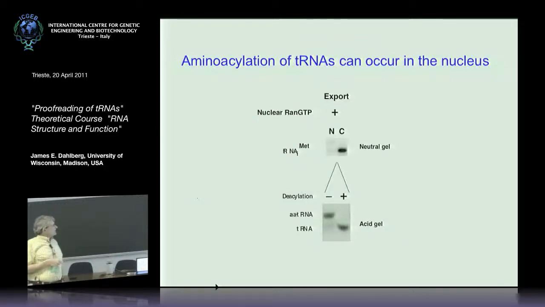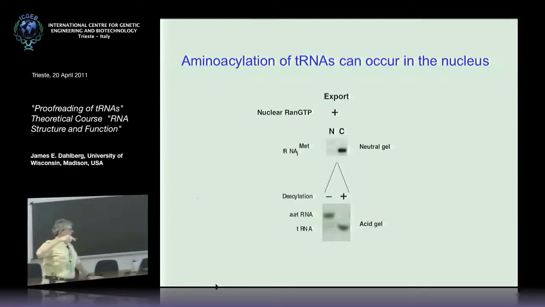We inject this tRNA into the nucleus, and then after waiting a while, the RNA is rapidly exported, and we isolate the tRNA and ask whether that has an amino acid on it, and as you would expect, it does, because it's being aminoacylated very efficiently. Our assay for aminoacylation is to run this RNA on an acid urea gel.